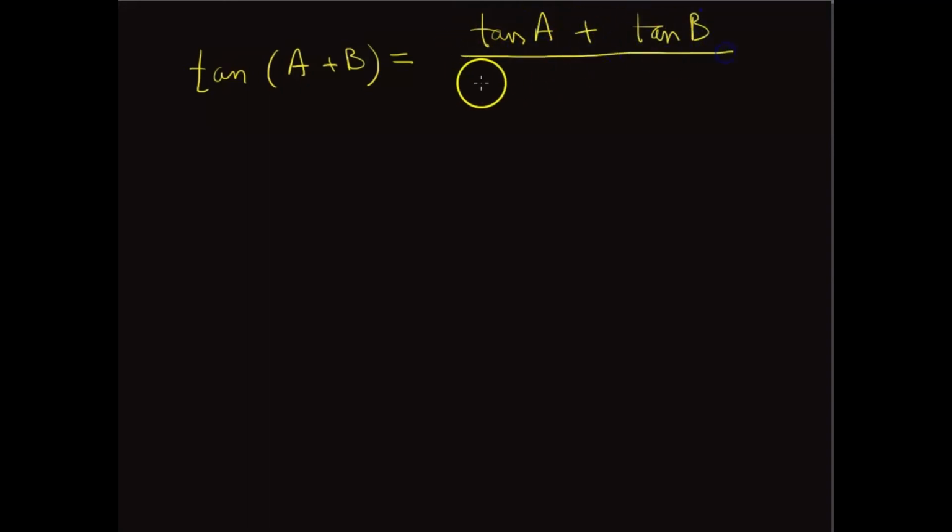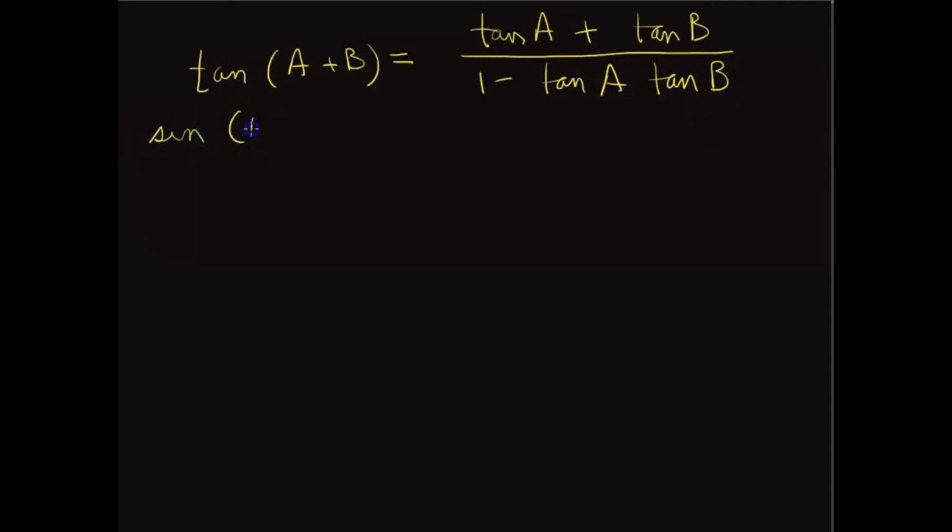Now, what about the tangent of a plus b? Well, it's supposed to be the tangent of a plus the tangent of b over 1 minus the tangent of a times the tangent of b. Well, let's use our ideas from before.